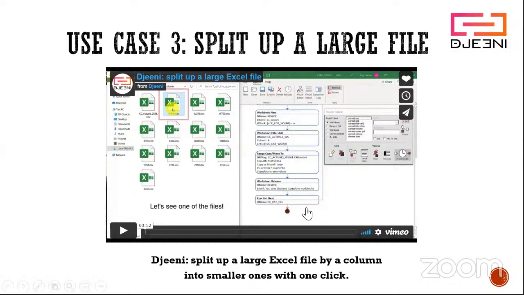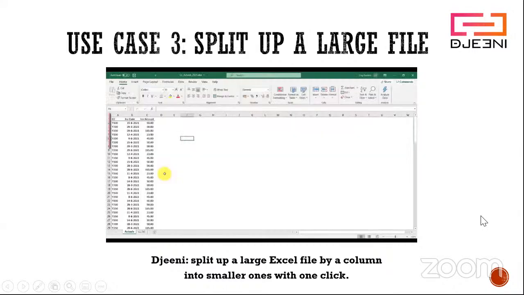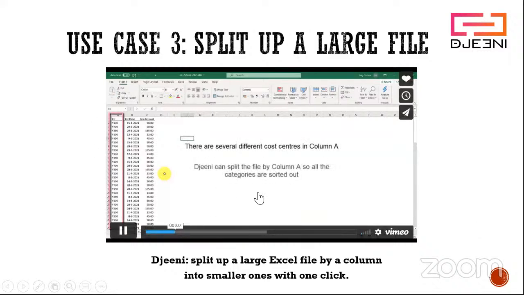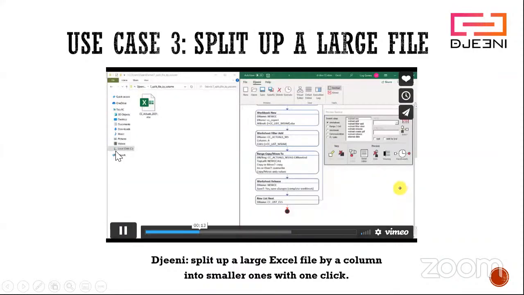And this is also something that you can do with one click. These are cost centers, and we are going to get files that collect information based on those cost centers.